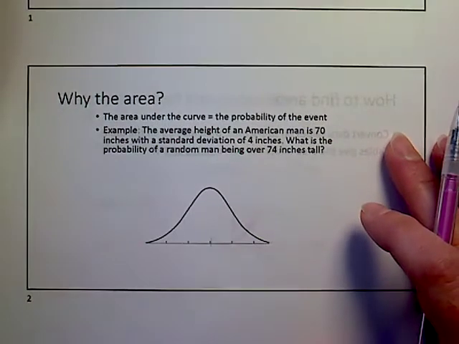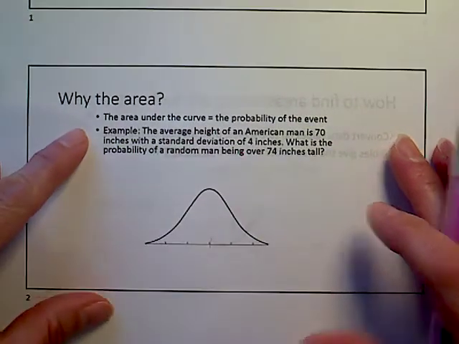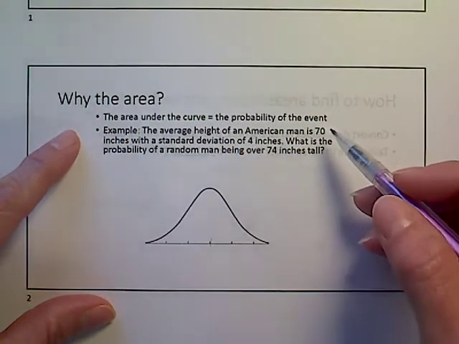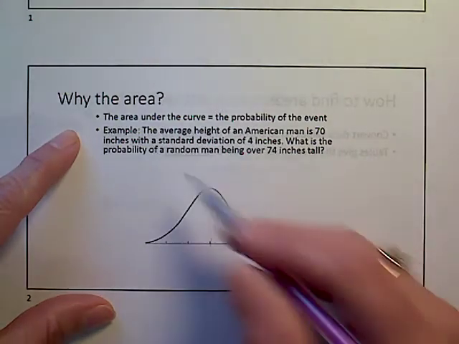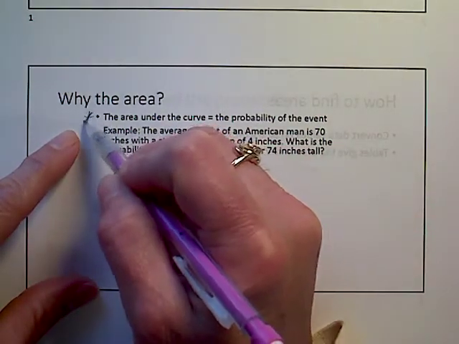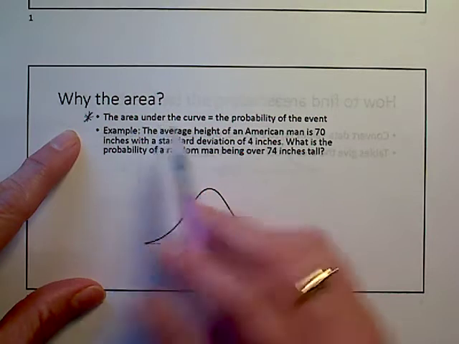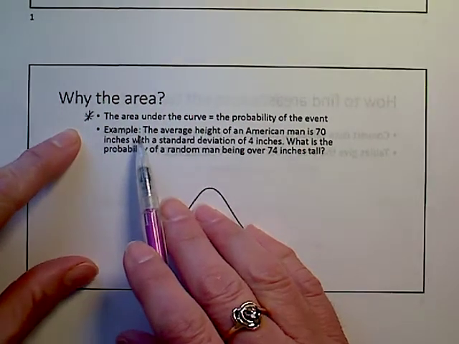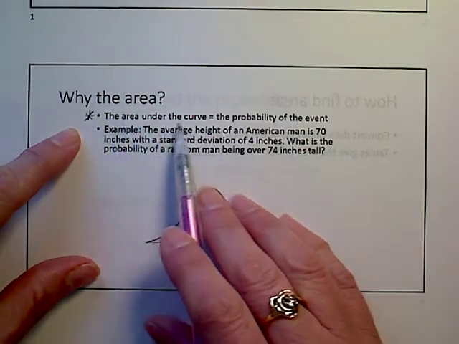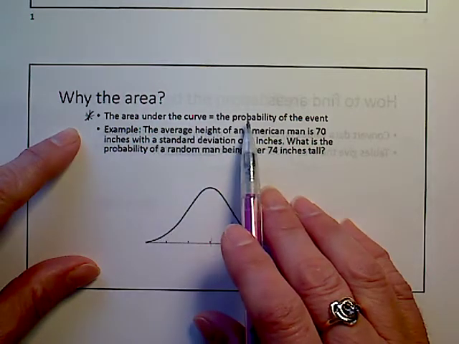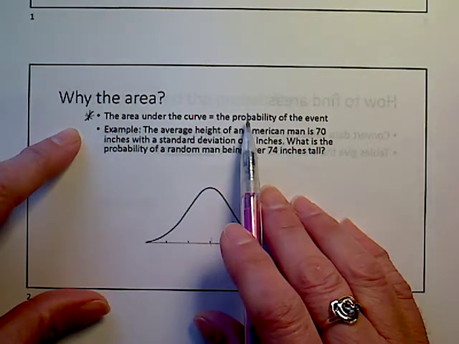So today we're going to look at why we're doing the area under the curve. So I have my normal distribution curve. It's the area that we are finding. So if there's anything you grab out of this, the area under the curve is the probability of the event. Okay?